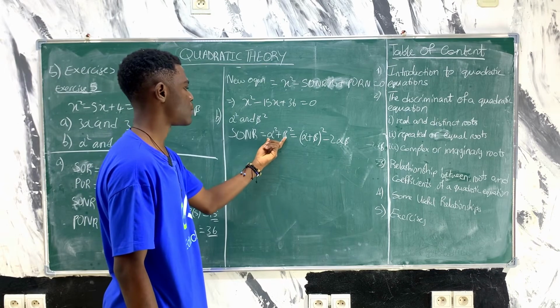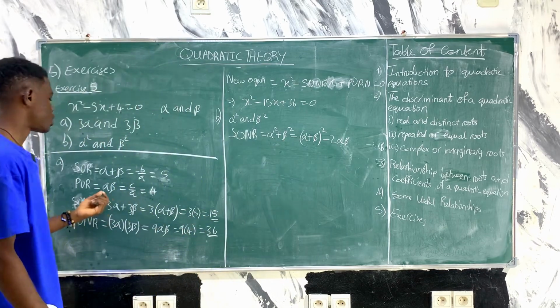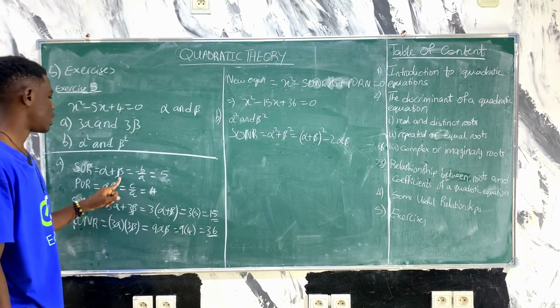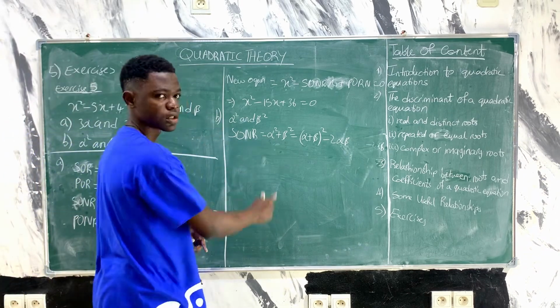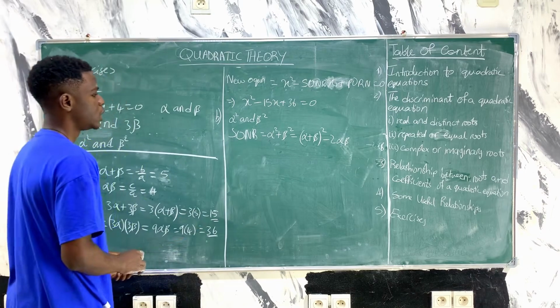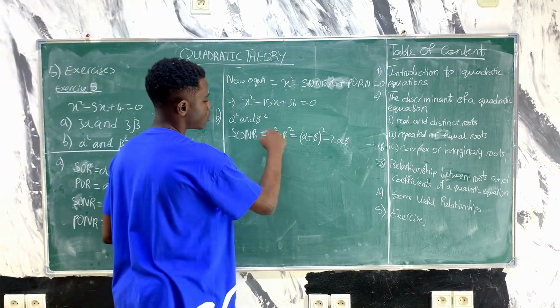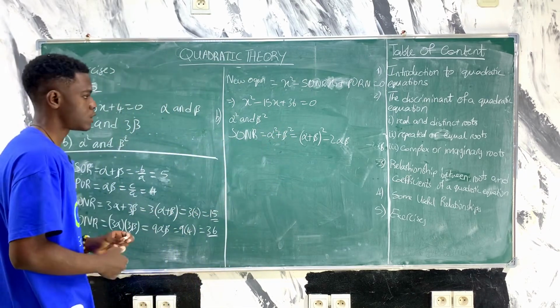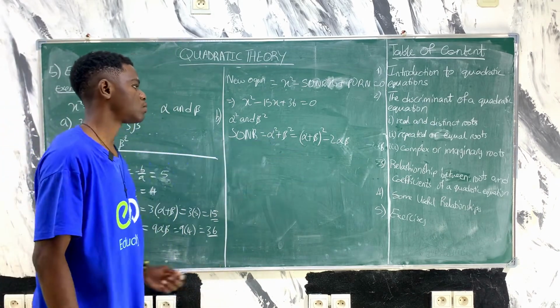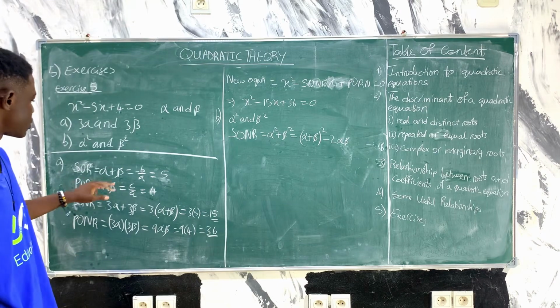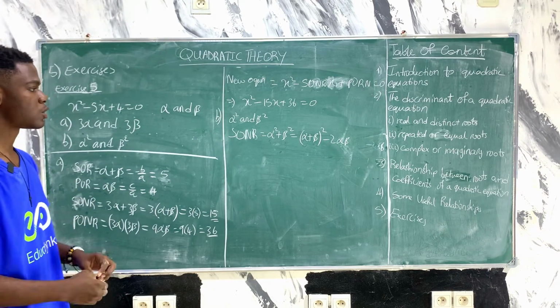Because with alpha squared plus beta squared, some students take the answer for alpha plus beta and square it and say it is this. It's not the same. It would have been the same if all of it was squared, not each value individually squared. So when you have alpha squared plus beta squared, you put it first in this form where you can see clearly alpha plus beta and alpha beta. Then you can solve.